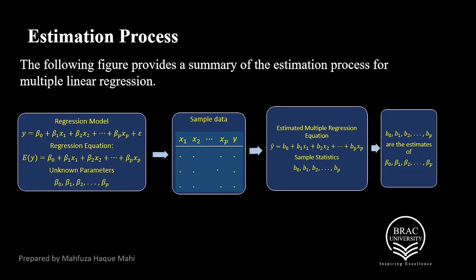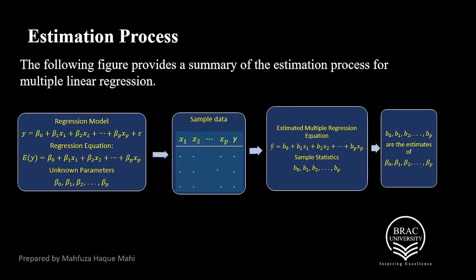In the third box, you can see that the estimated multiple regression equation is y hat equals b0 plus b1 x1 plus b2 x2 plus up to bp xp. Here b0, b1, b2 up to bp are the sample statistics of the unknown parameters beta 0, beta 1, beta 2 up to beta p.